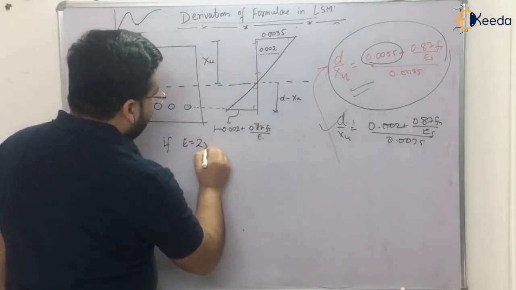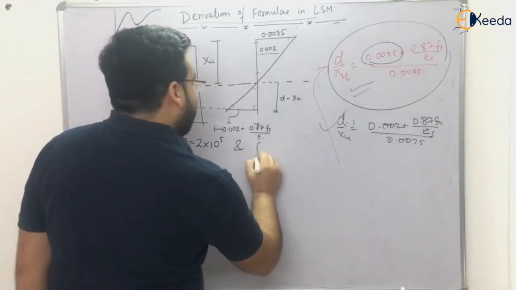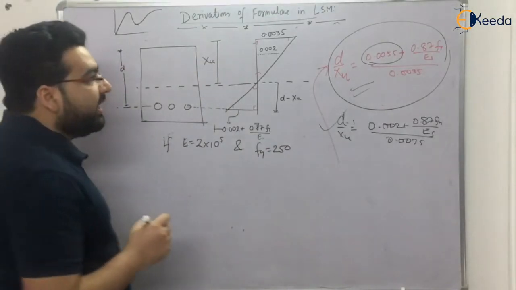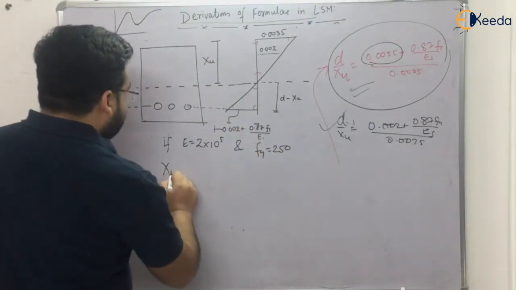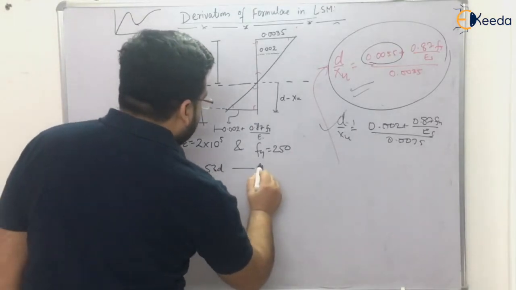If you put E equals 2 into 10 raised to the power 5 and Fy equals 250, Fy 250 for mild steel, you will be getting Xu equals 0.53D, equation number 1.